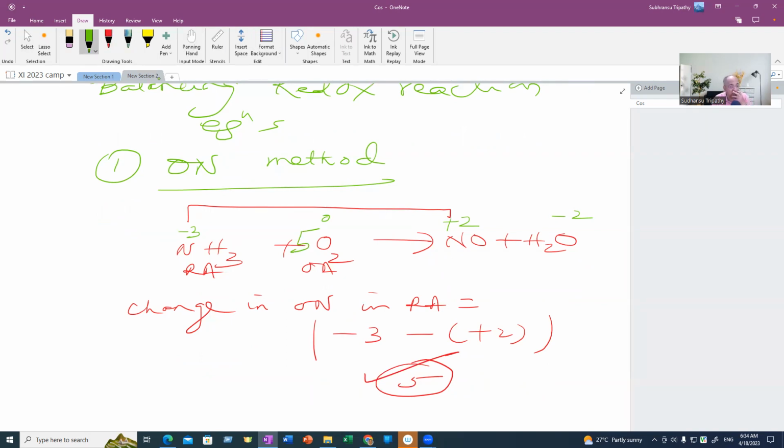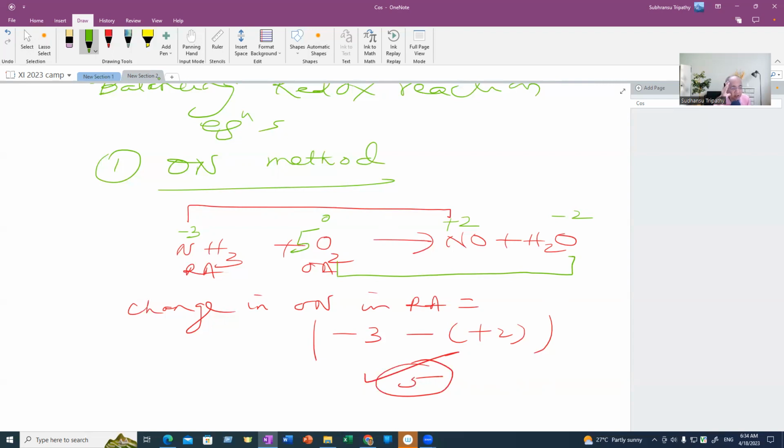I will tell you why we are doing this, what is the logic behind it. Then find out what is the change of oxidation number in the oxidizing agent, that is oxygen. You have to take the total change of all the atoms of that element present in that particular agent.